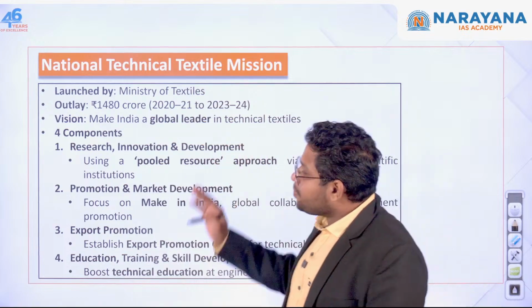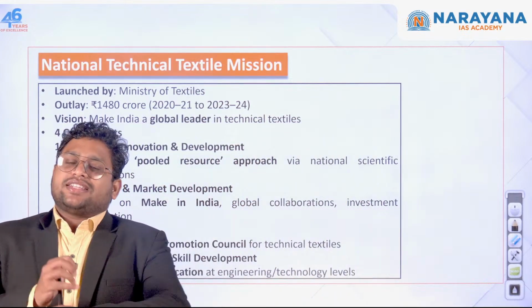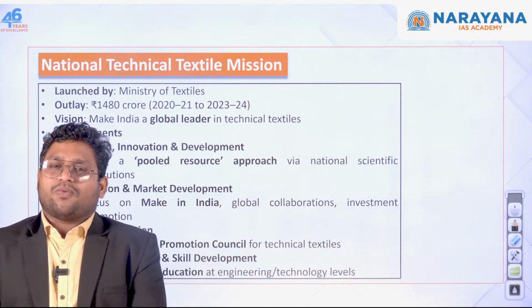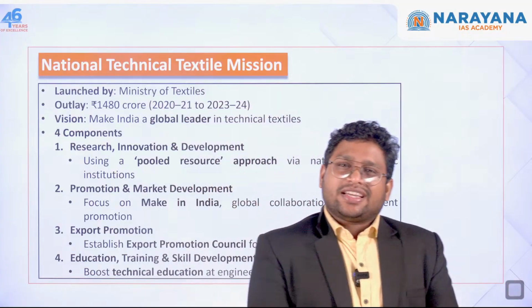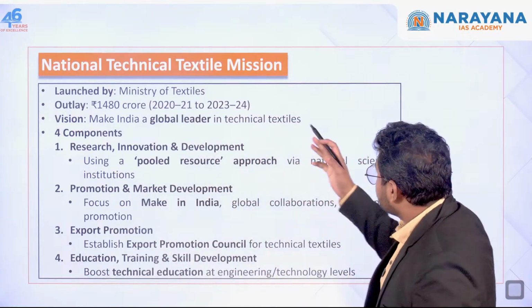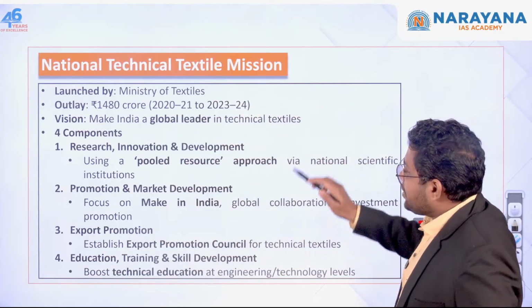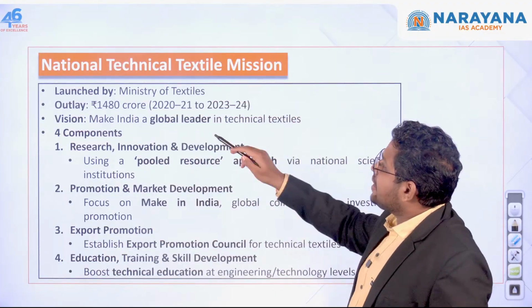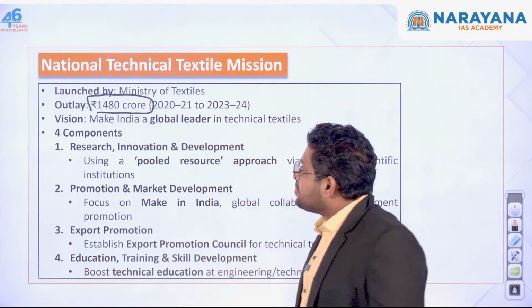Now, you should be aware of this national mission regarding technical textile. This is one of the reasons why India is doing decent when it comes to export of technical textiles. See, National Technical Textile Mission. It was launched by Ministry of Textiles. This much amount, 1480 crore, has been provided.